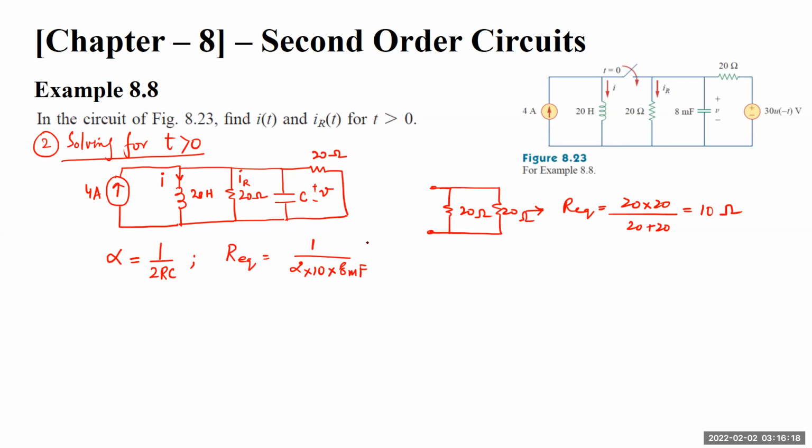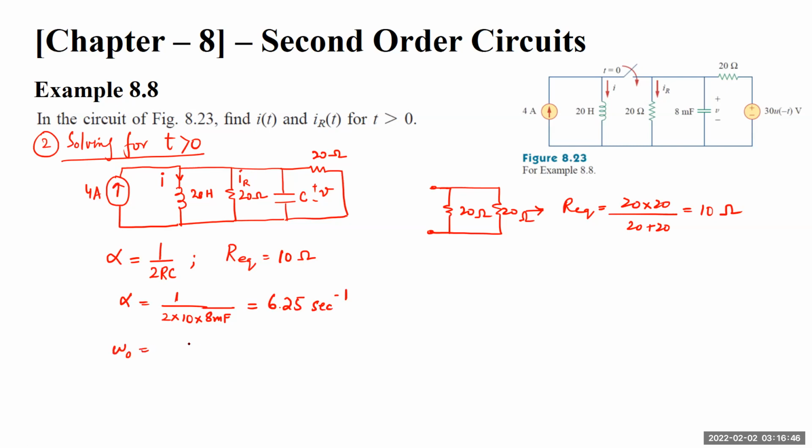So alpha becomes 1 divided by 2 multiplied by 10 multiplied by 8 millifarads. This value becomes 6.25 seconds minus 1.